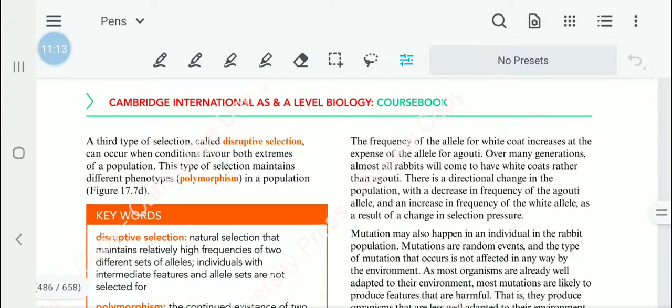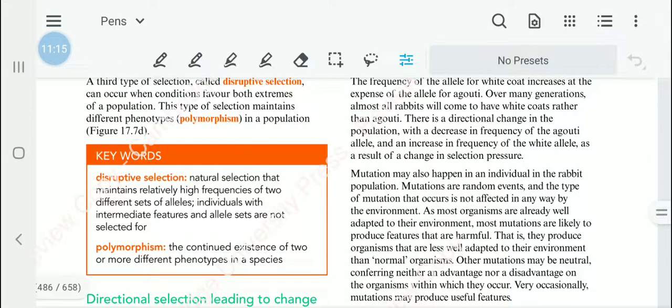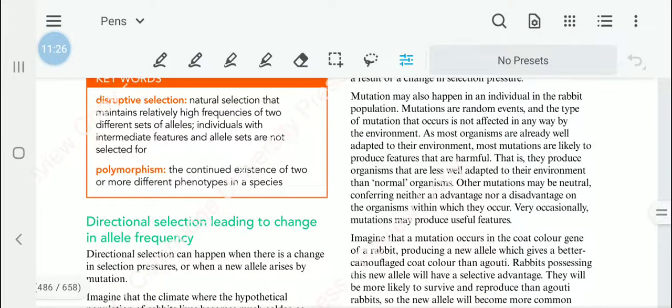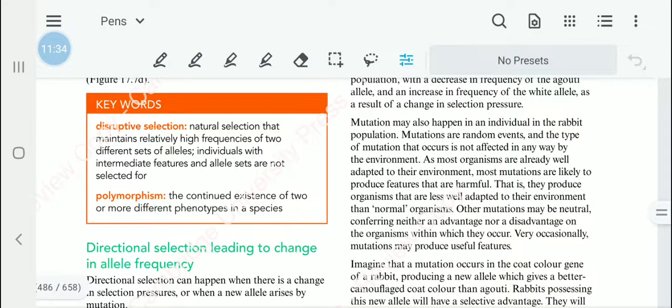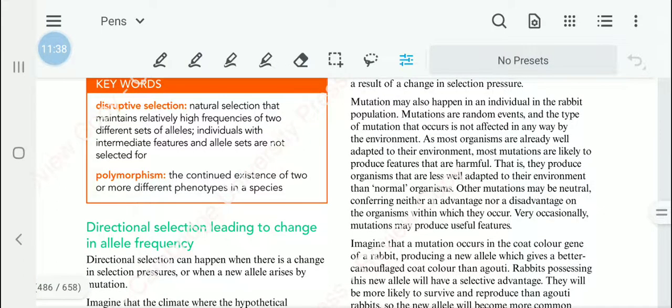So this is a directional change in the population. The agouti rabbits will decrease, thereby reducing the agouti allele, so the white allele will increase. As a result, there would be an increase in the number of white rabbits. This came about because of the selection pressure, which was the fact that it became colder.